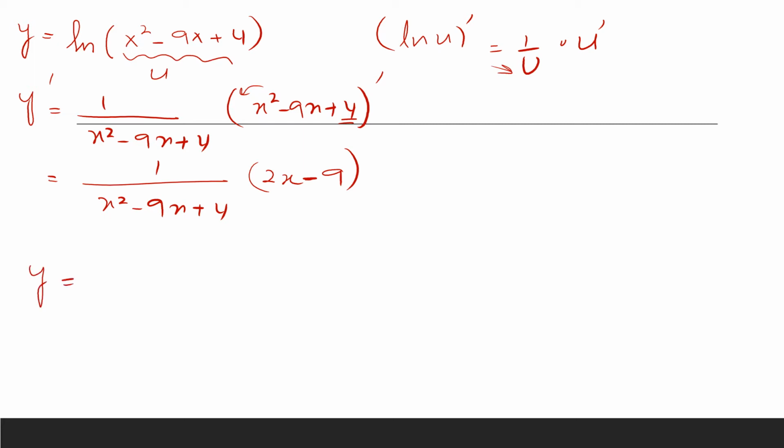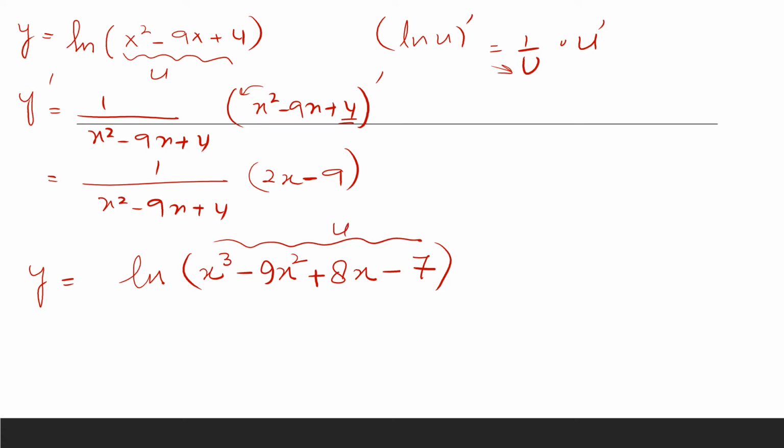Now what will happen if we have y equals ln of, let's suppose, x cube minus 9x square plus 8x minus 7. So again, anything written after the ln is your u. So you will get y prime equals 1 over u.